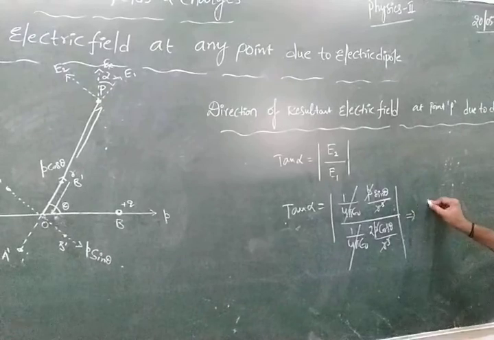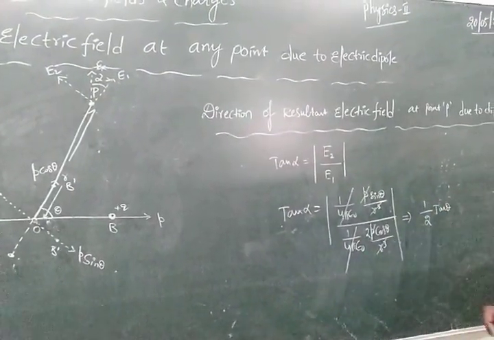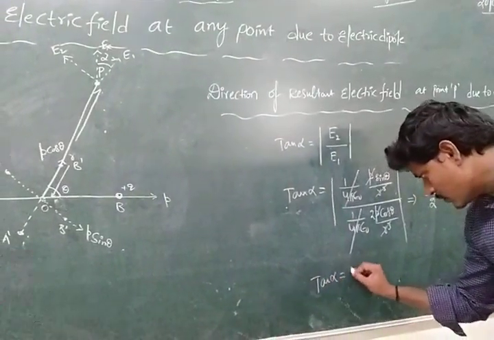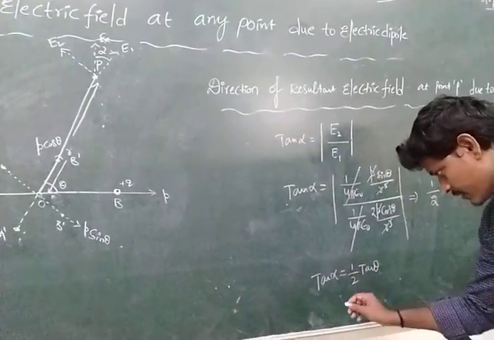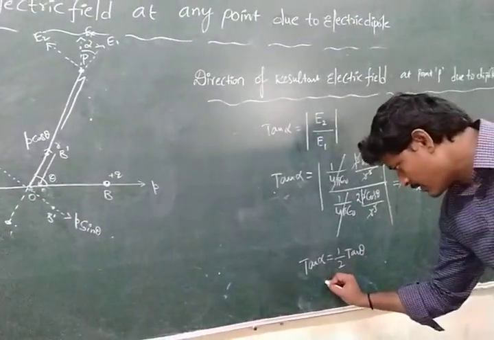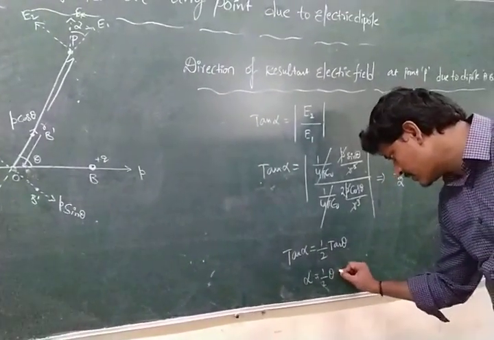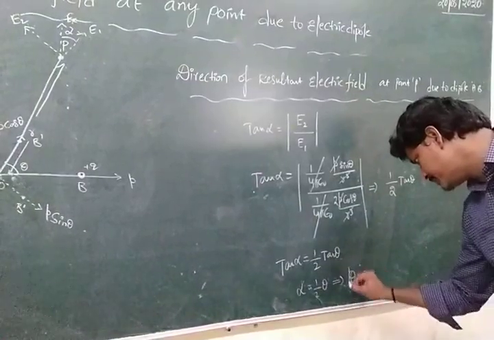Therefore, 1 by 2 into tan of theta. Therefore, tan of alpha is equal to 1 by 2 into tan of theta. Therefore, alpha is equal to 1 by 2 into theta, where theta is equal to 2 alpha.